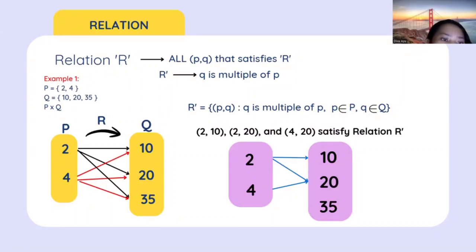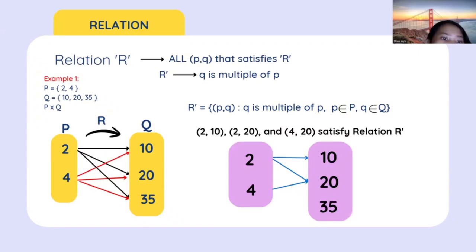So we get the ordered pairs (2, 10), (2, 20), and (4, 20) such that every ordered pair satisfies the relation q is a multiple of p. This is the roster method to represent R dash. Roster means list, so we can say that the ordered pairs in set R dash are all listed like in a roster.